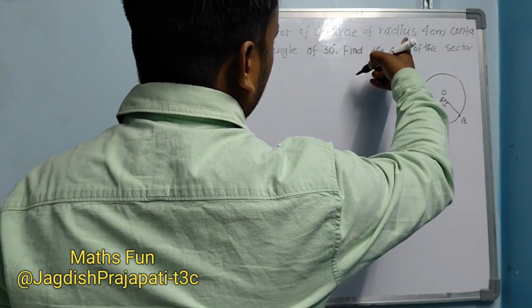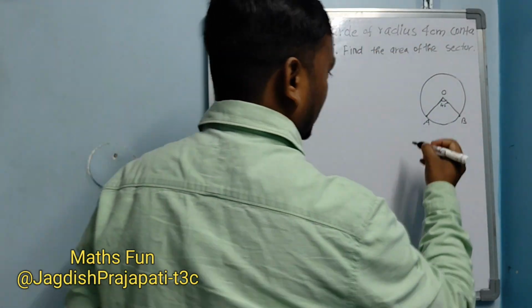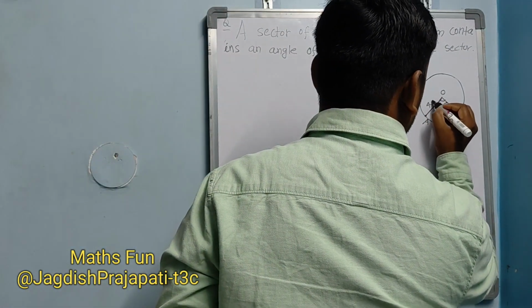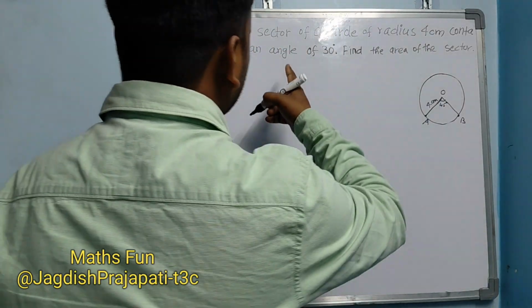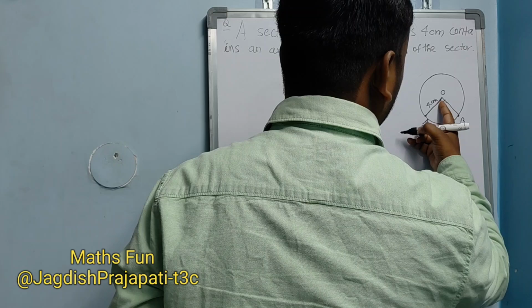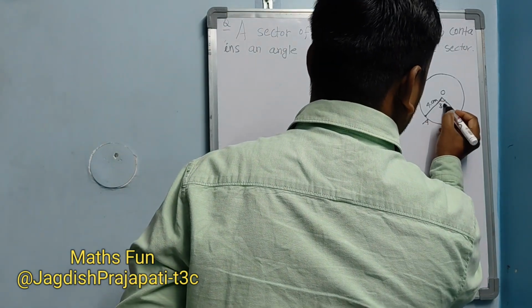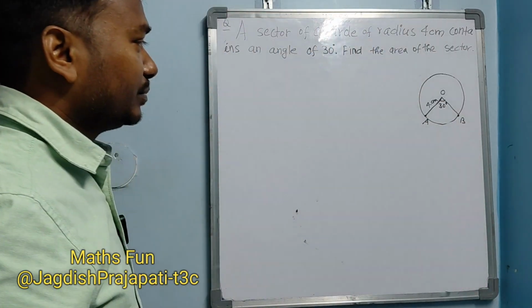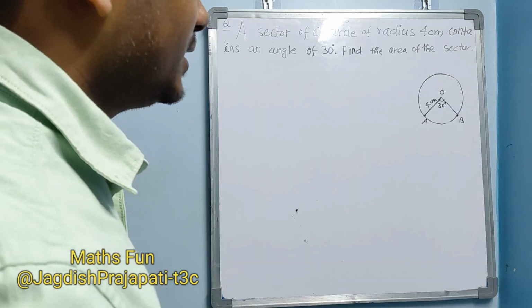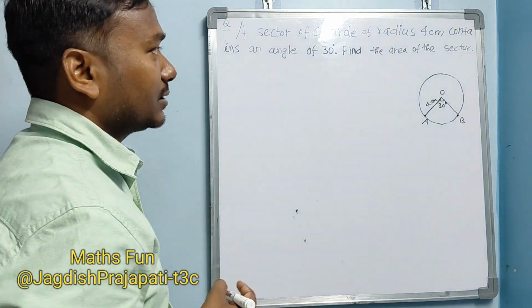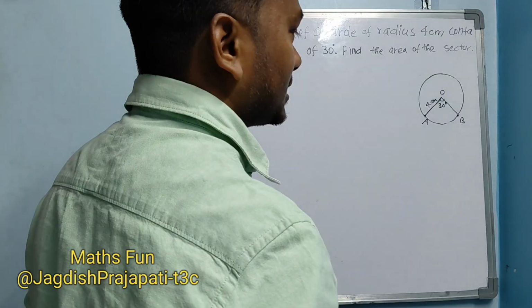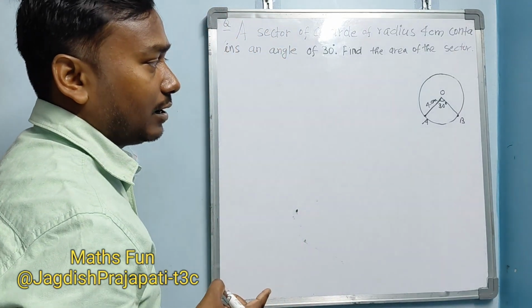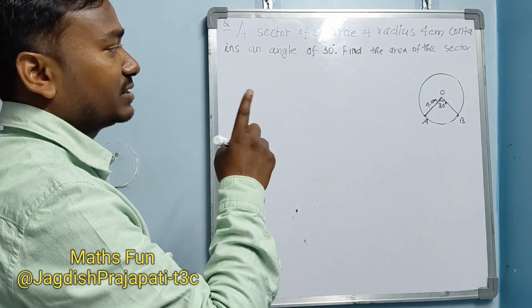So this is 4 centimeter radius and the angle is now 30 degree. Okay, so you please write down, let AB is the sector of circle that subtends an angle of 30 degree at the center of the circle O.